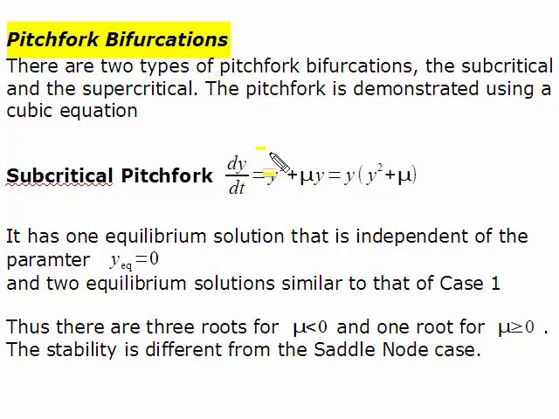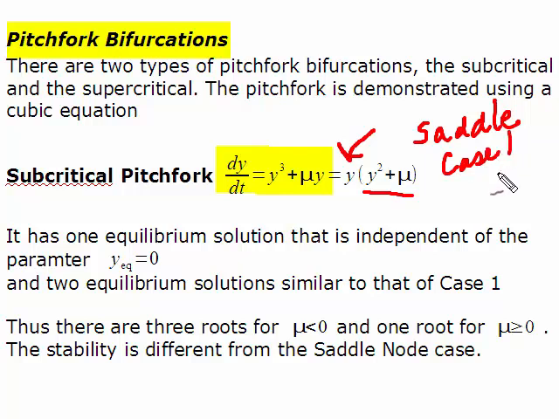Now the typical example for this kind of bifurcation is a cubic, a differential equation that has a cubic in it, and you can factor out one of the terms here. So the y is factored out here, and what is left in this case is exactly the same as the saddle. In this case, it's case 1.